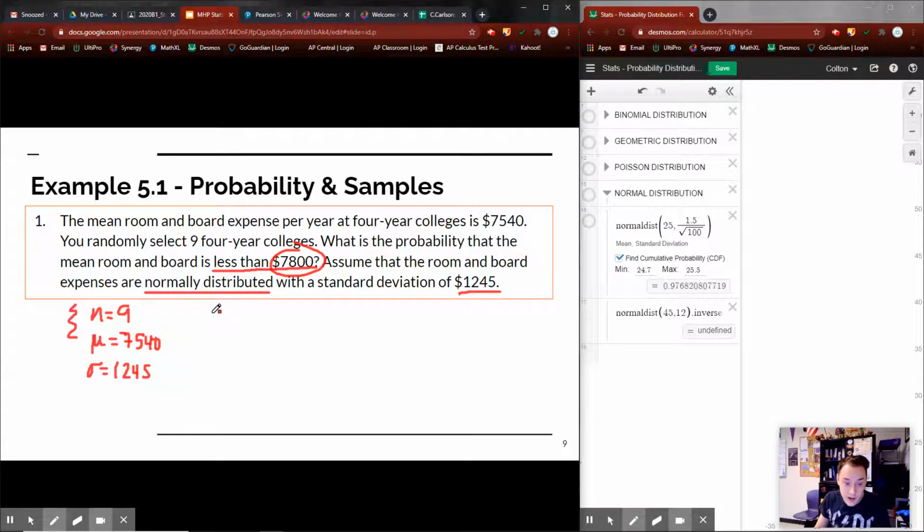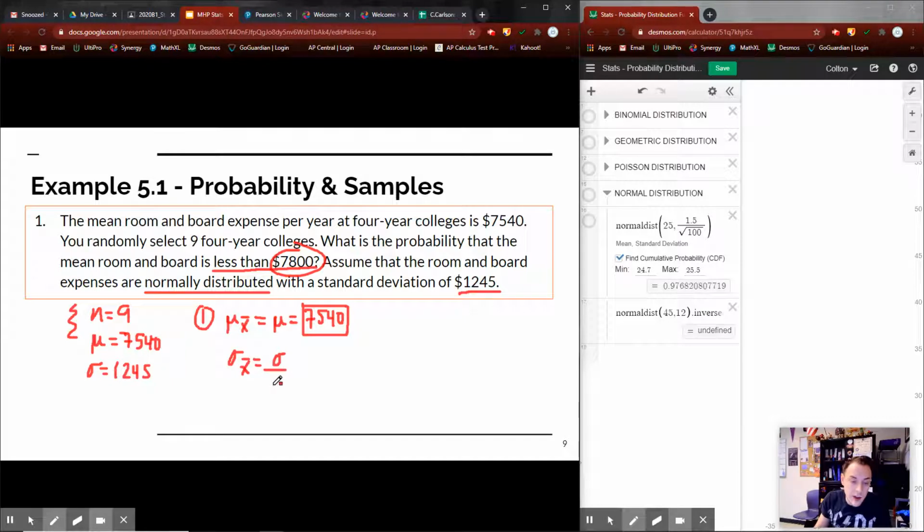Let's start to find a couple of things here. First, I want to find my sample mean. That's going to be equal to my population mean, which is 7,540. I also want to find the standard deviation of the sample means.